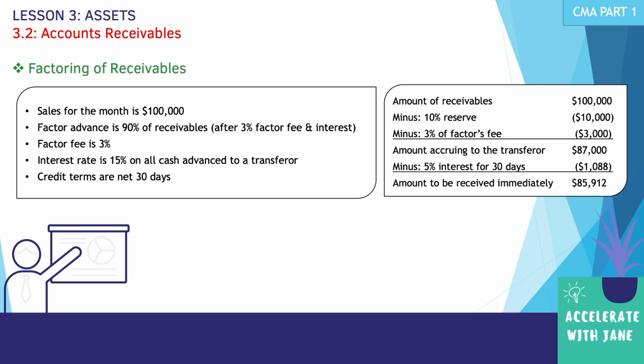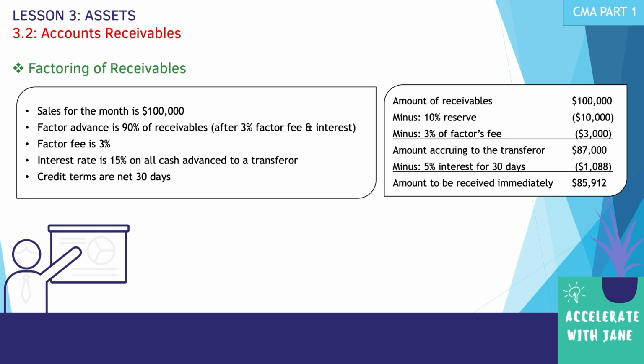And then, third point, we deduct 3% of the factor's fee. The factor actually charges fees for the factoring services. If you notice, the factor advance and the factor fee are all based on the gross amount of receivables, which is 100,000 US dollars.